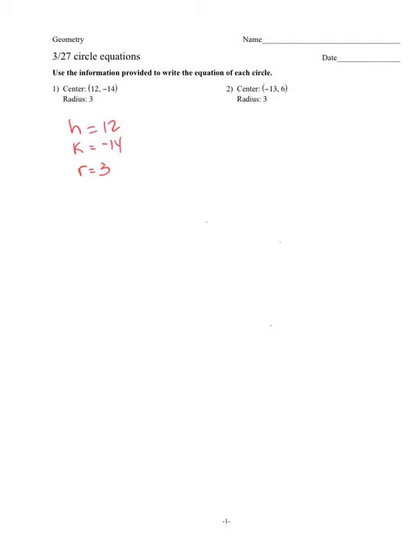The first number is the center's h and the second is k. So when we write our equation, we just write the opposite. So (x minus 12) squared plus (y plus 14), the opposite of -14, squared, equals the radius squared, which is 9. So those are easy.